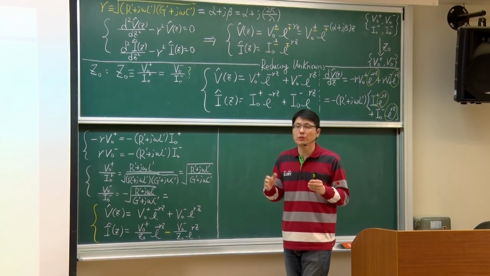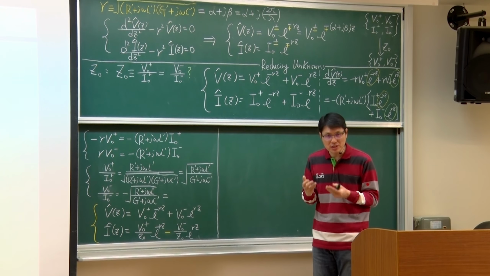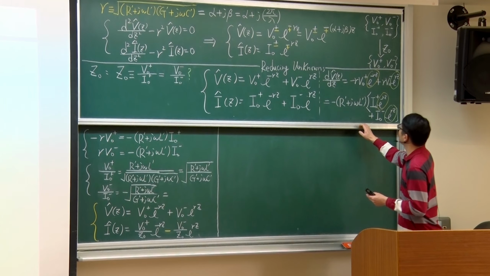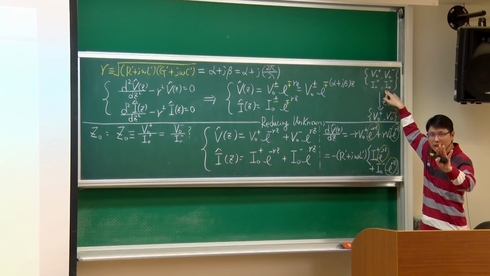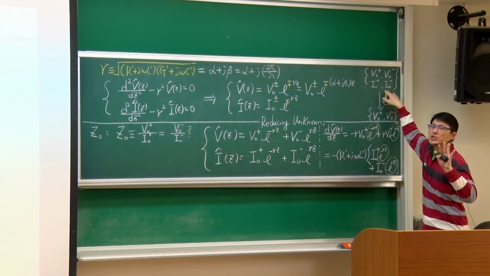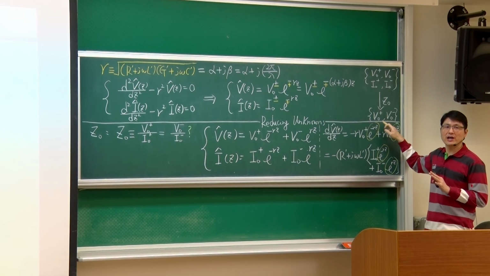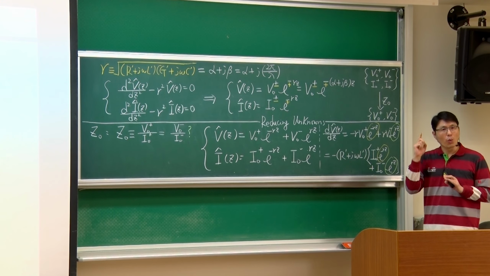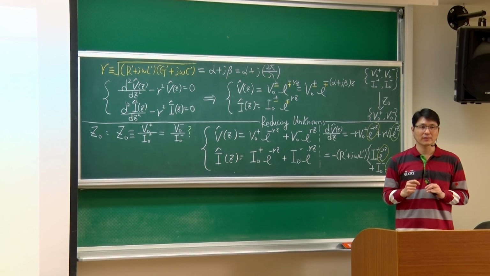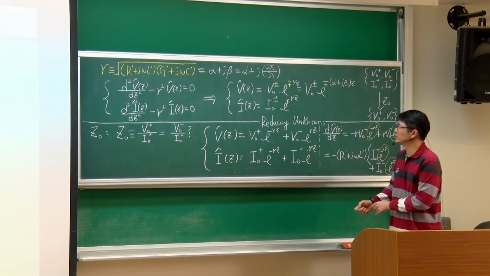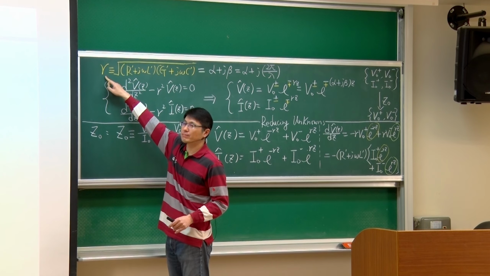This is telling you that after we take more detailed examinations, initially we thought we needed to solve for 4 unknowns, but eventually we only have 2 unknowns to be solved. Once you know voltage, you know current, provided that you really understand your transmission line.